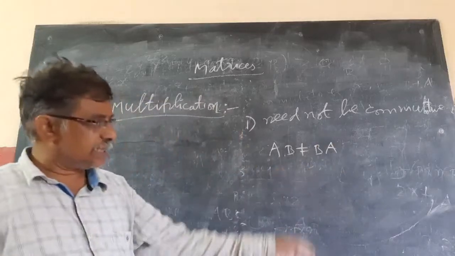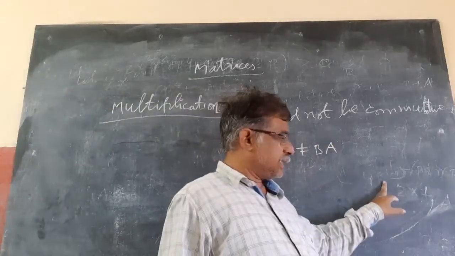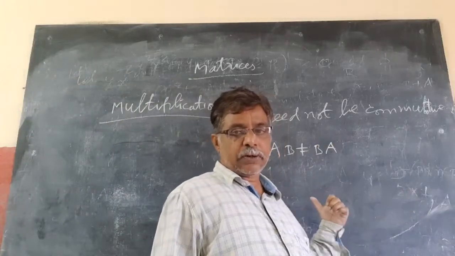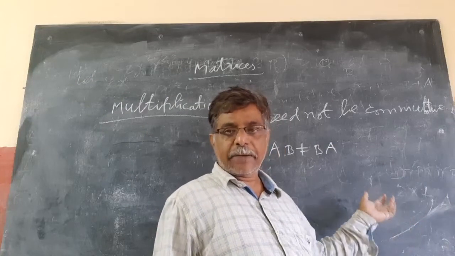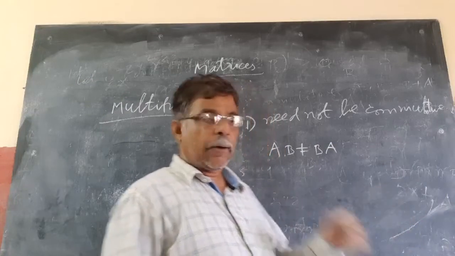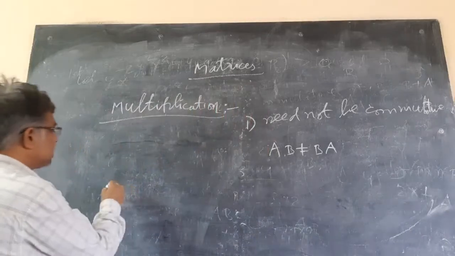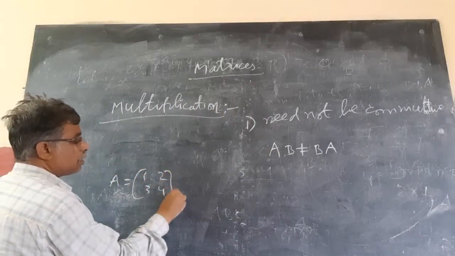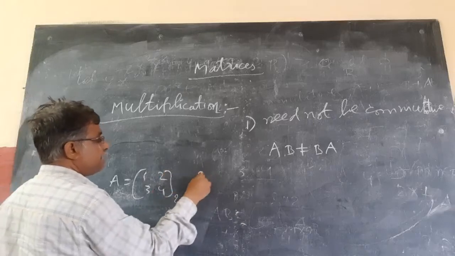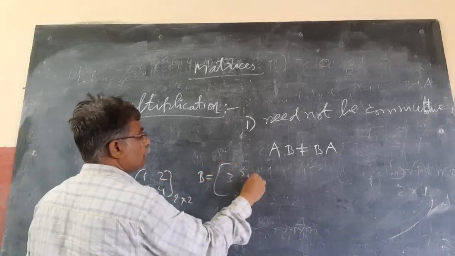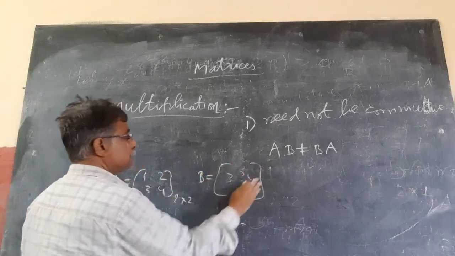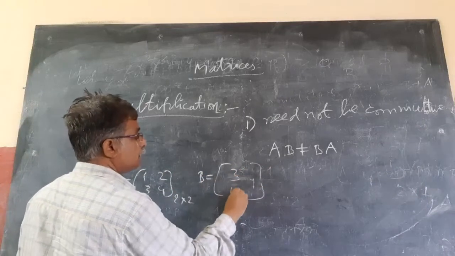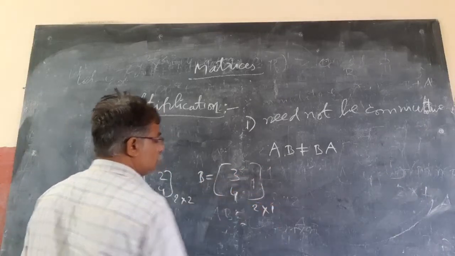In the previous case, if I write AB, 2 by 2 and 2 by 1, AB is possible, but BA is not possible. In the previous example itself, A equal to 1, 2, 3, 4, which is 2 by 2, and B equal to 3, 4, which is 2 by 1.